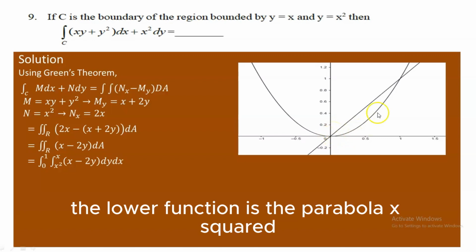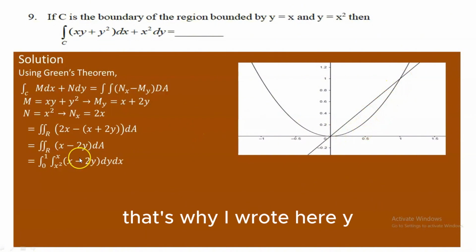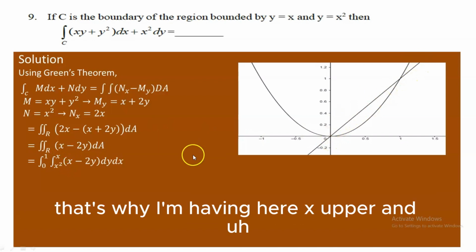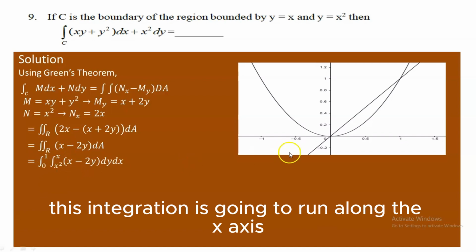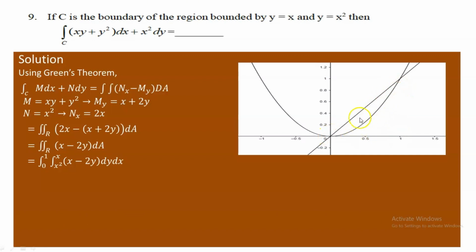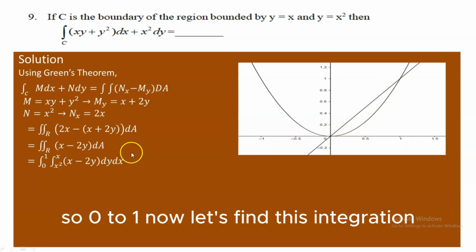The lower function is the parabola y equals x squared, and the upper function is y equals x. And this integration is going to run along the x-axis from 0 to 1, because this region lies between 0 and 1.